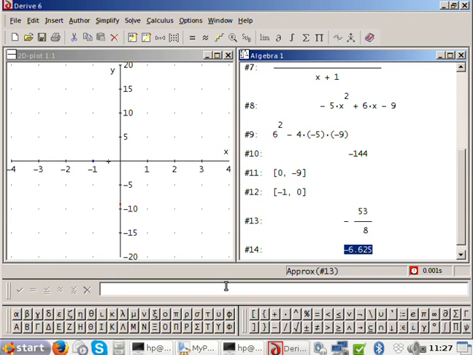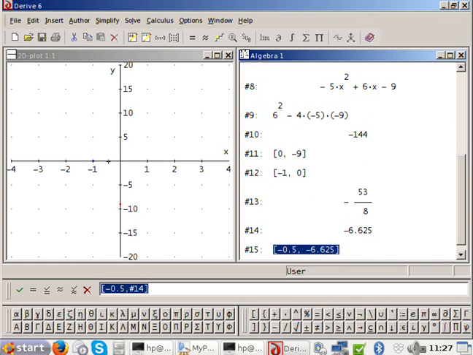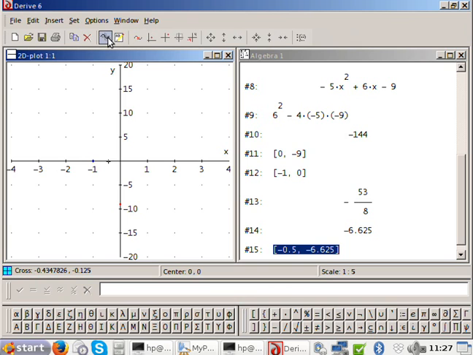So if I use minus 0.5, this is a point on the graph. So I think it will go down, continue down, then go up, and then go back straight down. That's how I would draw it.